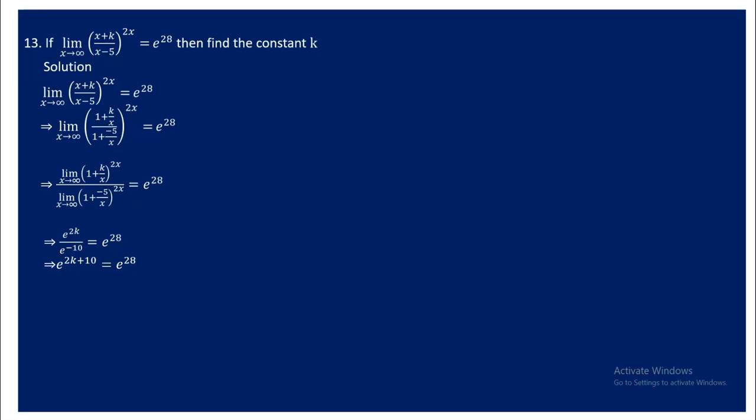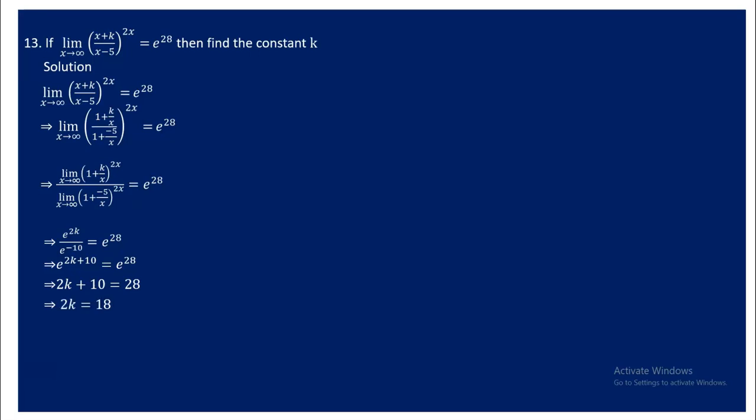Now for these two to be the same, necessarily the exponents must be the same. So 2k plus 10 must be the same as 28, right? 2k plus 10 must be the same as 28. So from this one can easily determine what k is going to be, right? It's a matter of shifting 10 to the right, and 28 minus 10 makes 18, and then dividing that by 2 makes your calculation over.